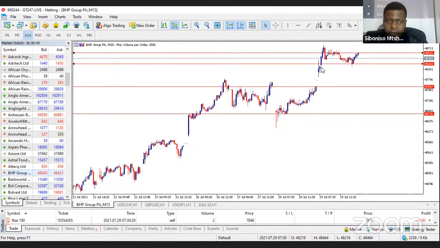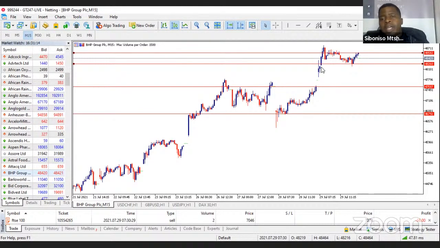Remember to refer back to what we called the risk management percentage, where I was teaching you that if a share costs 10 rand, this is the percentage you can use. Above 20 to 50, you can use this percentage. Above 50 to 100, this is the percentage you may use. Please don't forget to refer back to your notes.